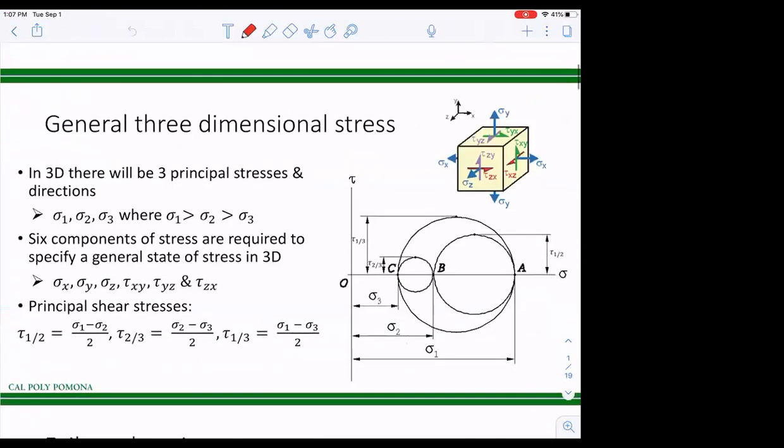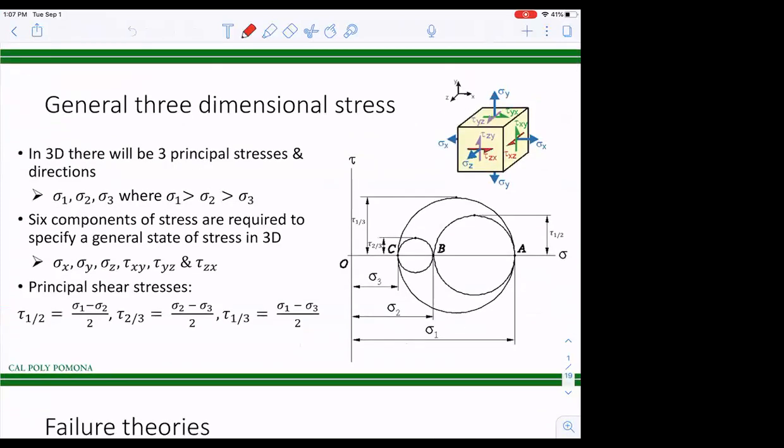So you all know, can anyone tell me the plane stress condition, like when do we consider plane stress condition? Can anyone tell me that? Plane stress condition from your strength of materials class?